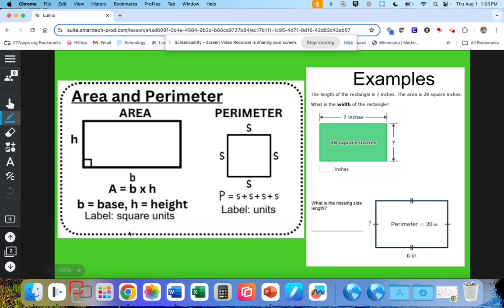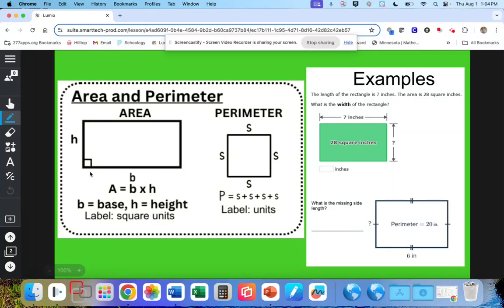But as you get into shapes of different types of polygons, different types of quadrilaterals, you're going to be using the equation base and height. Now remember, base is what the shape is resting on. Height is 90 degrees from the base. So we multiply those together. We are finding the inside amount of this space.